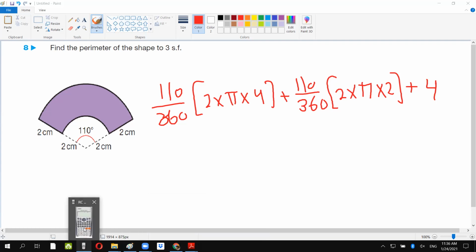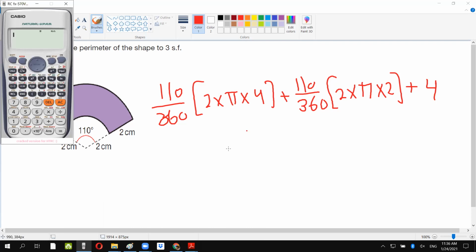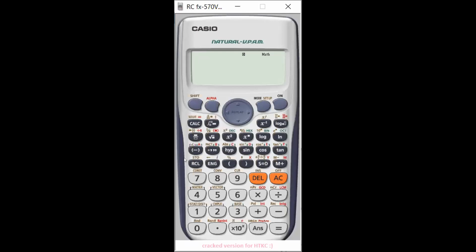You can see the calculator. Here on my calculator: 110 out of 360, open bracket, 2 times pi times 4, close bracket, and plus 110 out of 360, open bracket, 2 times pi times 2, close bracket, and plus 4.